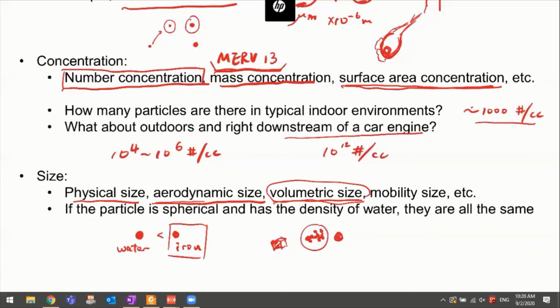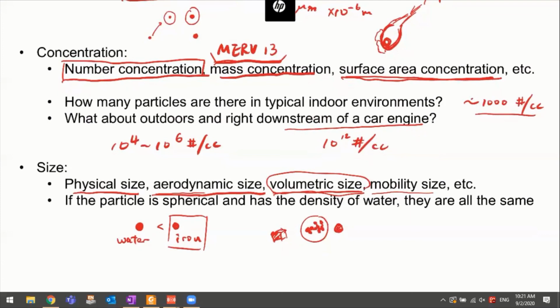Okay? So there are further different sizes, such as mobility size. We're not going to talk about all these different sizes in here. So what we're going to assume from now on is that all the particles, or all the PM we're dealing with, are spheres. Okay.